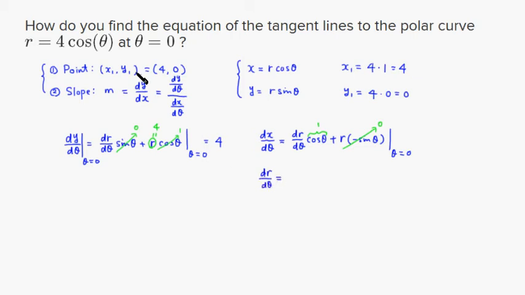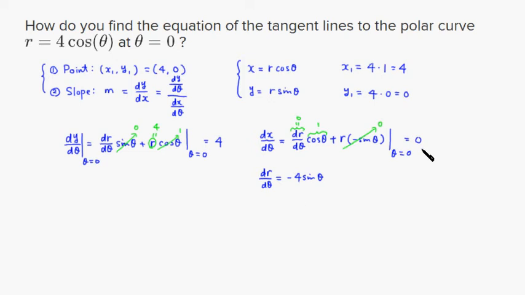That's the derivative of 4 cosine theta with respect to theta, which is negative 4 sine of theta. At theta equal to 0, sine of 0 is 0, so this is equal to 0 as well. So it's 0 plus 0, which is 0.